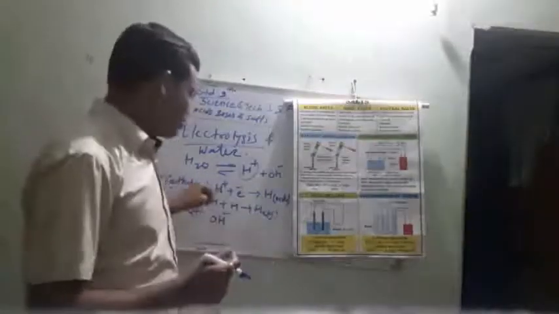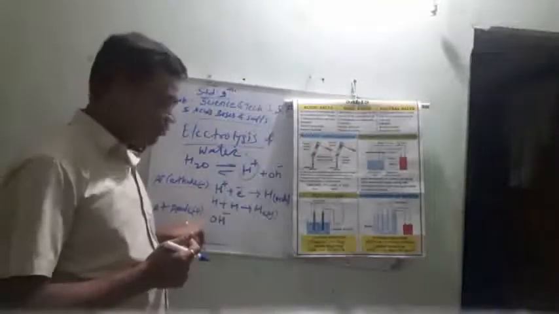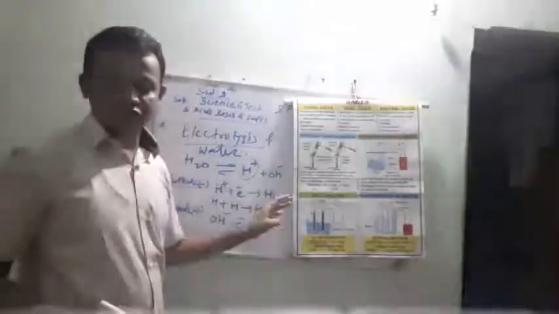See, at the anode, the hydroxide ion gives an electron. At the cathode it gains an electron, and at the anode side it gives electrons, and so there is a formation of OH, which is not stable.